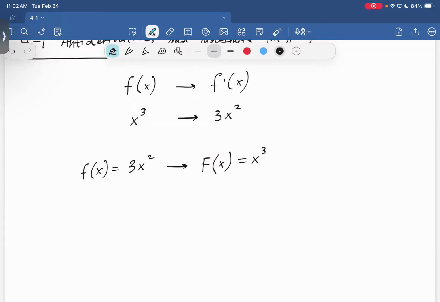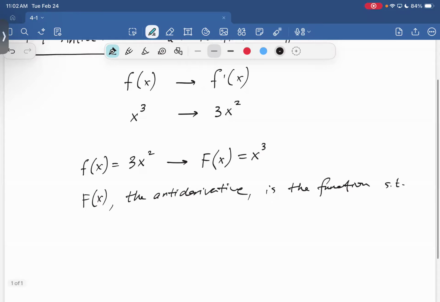And what we mean by this is that the antiderivative capital F of x is the function such that, yes, Daniel? Do you just make it uppercase F if you're going backward in derivatives? Correct. There is a symbol for it, and that is the integral. But we're talking about just one kind of notation first.